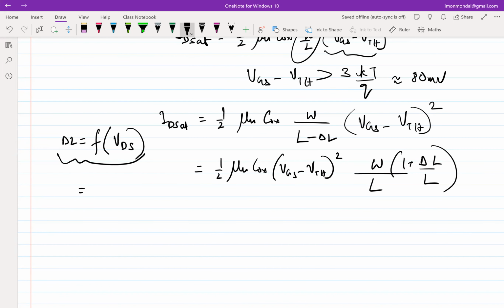Taylor series, right? So I have to expand this around a quiescent point. What should I expand this around? Around some VDSQ, whatever VDS I had. In this case, VDSQ will be the pinch off point, because this phenomenon started occurring at the pinch off, correct?